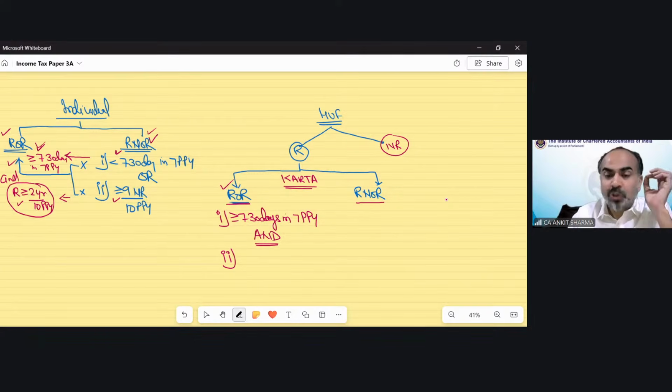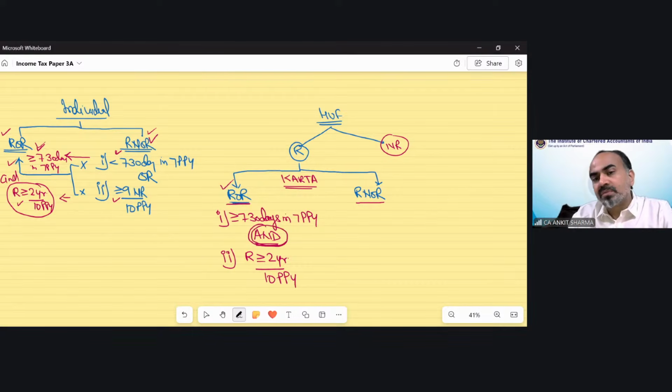He or she should be more than 730 days in 7 preceding previous years and resident for more than or equal to 2 years out of 10 preceding previous years. So if both conditions are fulfilled, then you will be a resident and ordinary resident. Otherwise, you will be a resident and not ordinary resident. Why am I saying both conditions should be fulfilled?